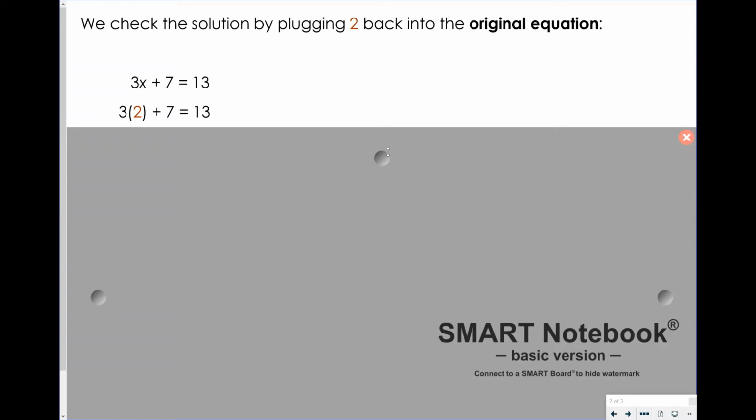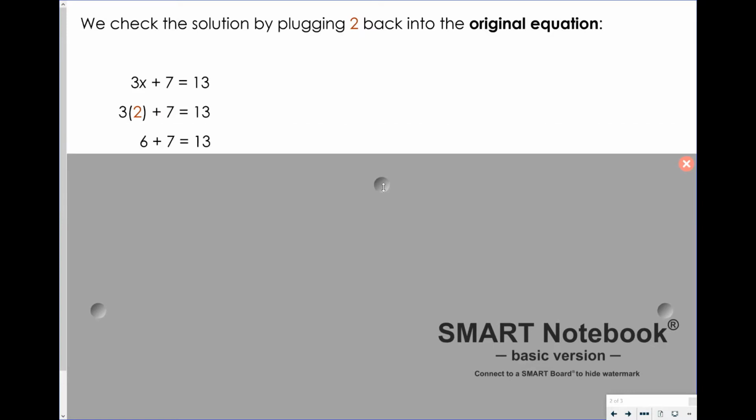So if we go back to the order of operations, what comes first? You have parentheses, correct? So parentheses, we're going to start with that first. So 3 times 2 is what? 6. So you're going to bring down your 6. So 6 plus 7 equals 13. Okay?